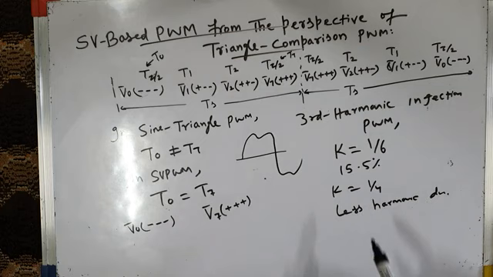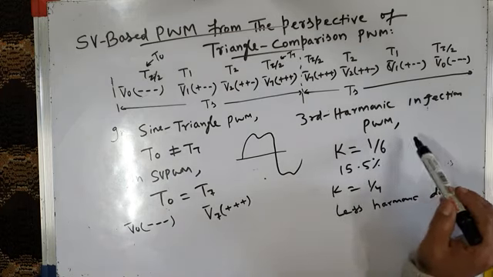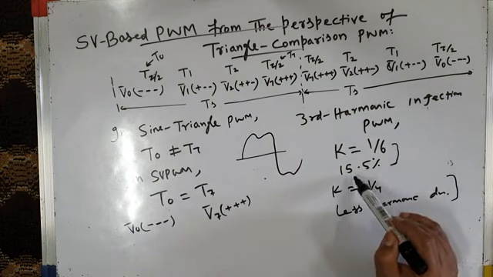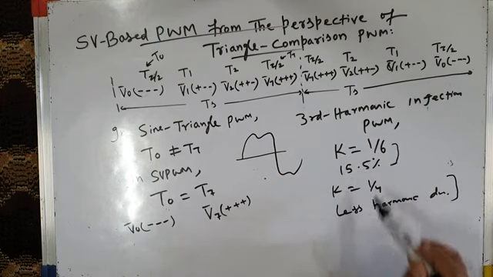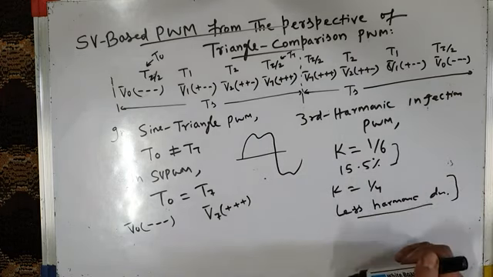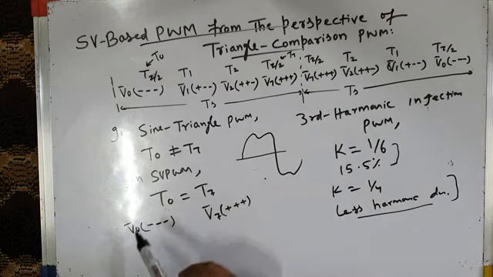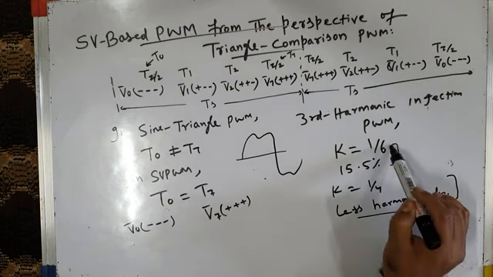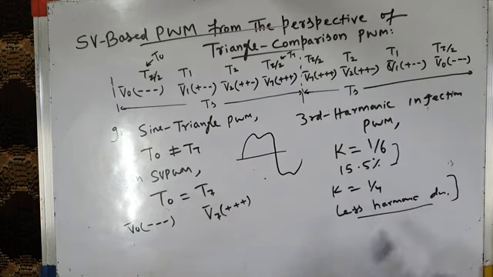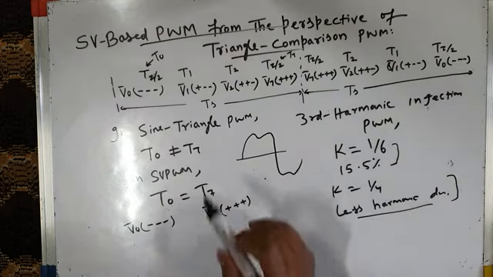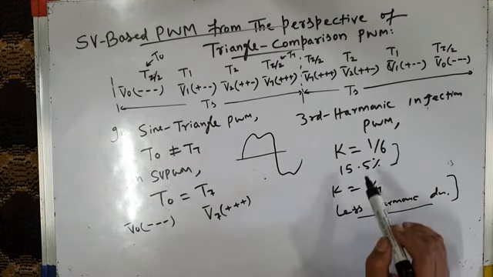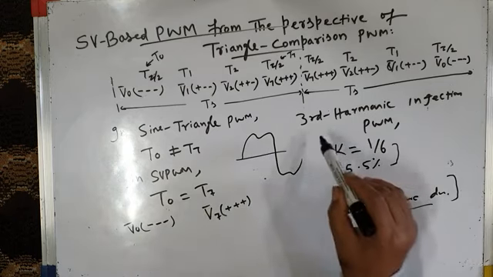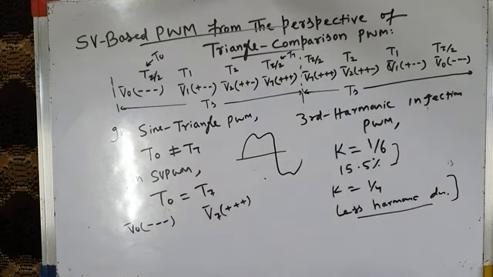But it was not possible using third harmonic injection PWM to achieve both the objectives, that is, to have inverter output voltage 15.5% higher and simultaneously less harmonic distortion. However, in the space vector PWM technique, both the objectives are achieved. The space vector based PWM technique is equivalent to K equal to 1 by 6 as well as K equal to 1 by 4 when you compare it with third harmonic injection PWM.